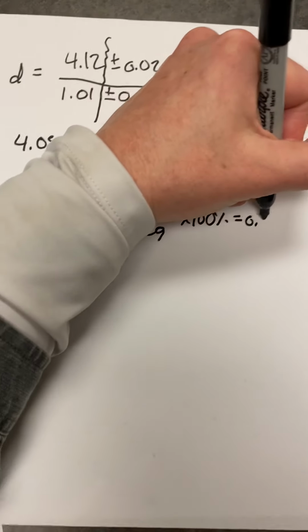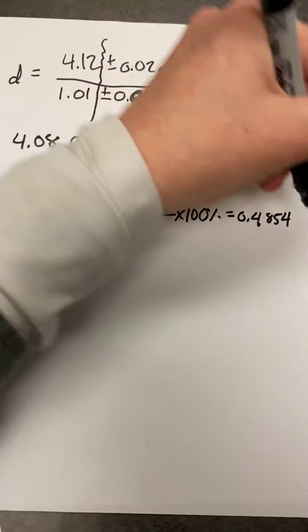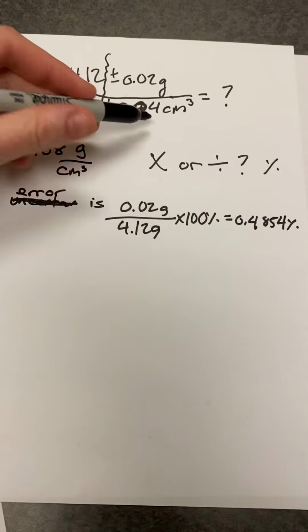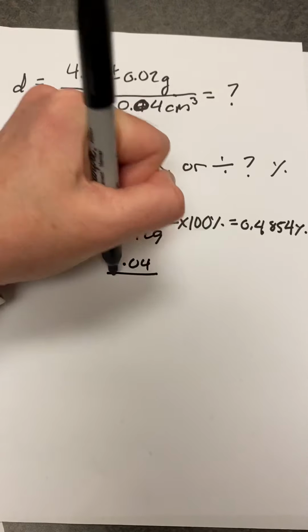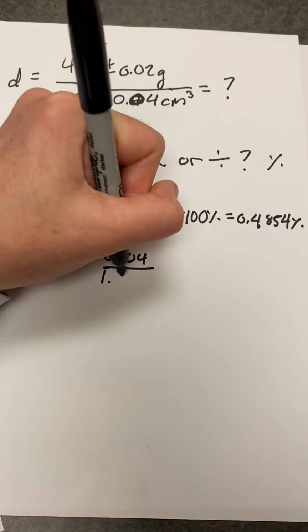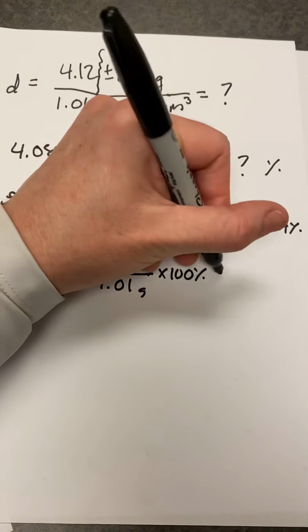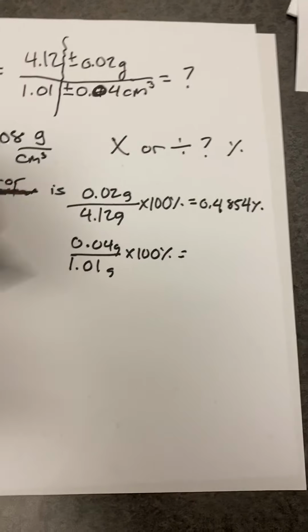Here I get 0.4854%. And I do the same thing for the other value that we ended up dividing by, which is 0.04 divided by 1.01 times 100%. And when I do this, I get an answer of 3.96.